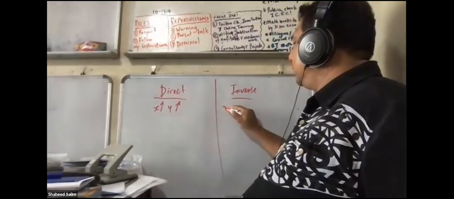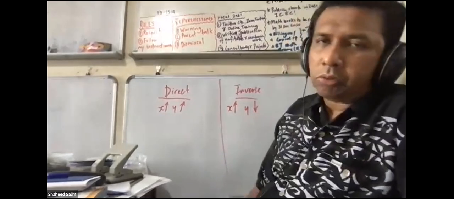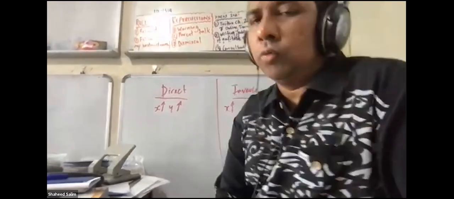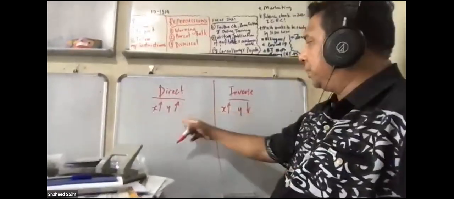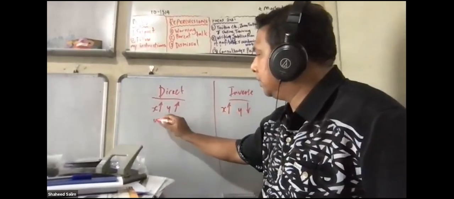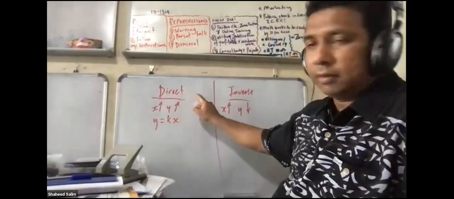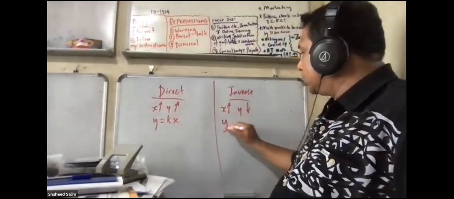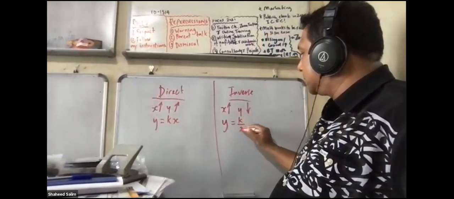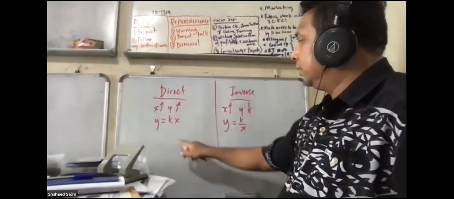Whereas for inverse, x increases, y goes down. You must be able to think of examples for both. Now the formula: y = kx for direct. For inverse, y = k over x. Different.